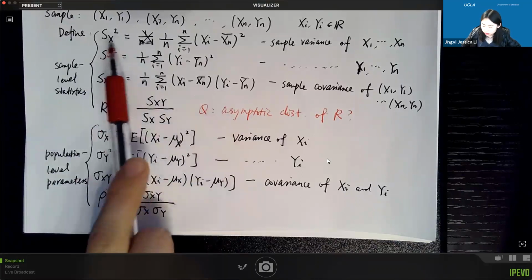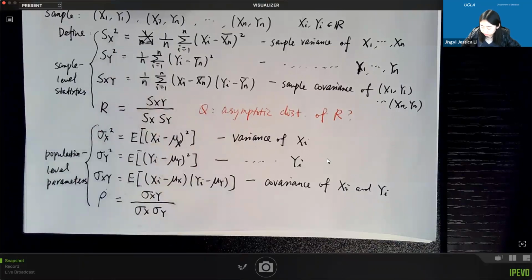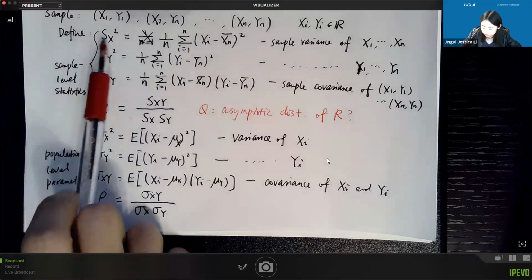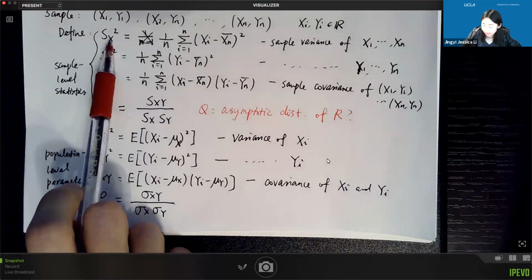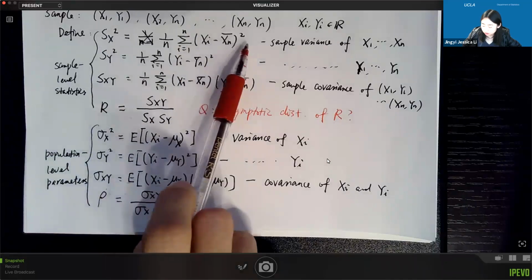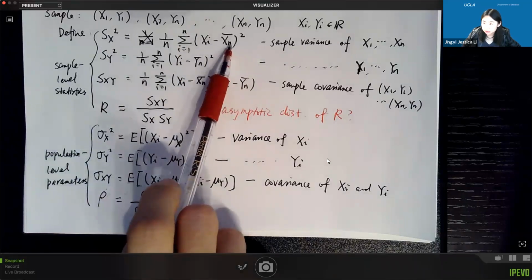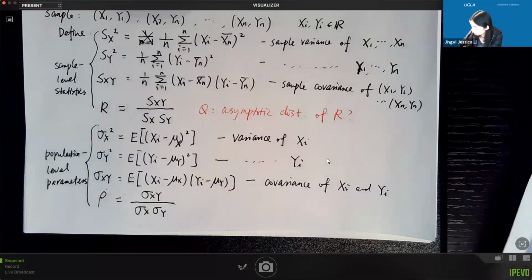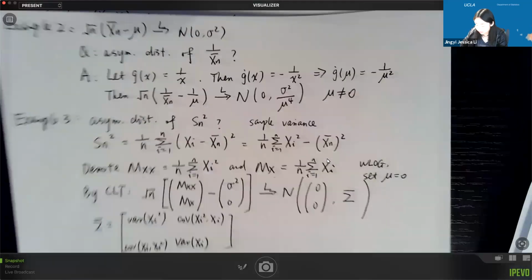But that's not too difficult because they are functions of sample moments. What's very interesting here is that I can further write this as the average of xi squared minus the square of x bar. So it's a function of those two things. Based on what we have seen before in example 3, which I'm going to pull up here, this is what we did last time.